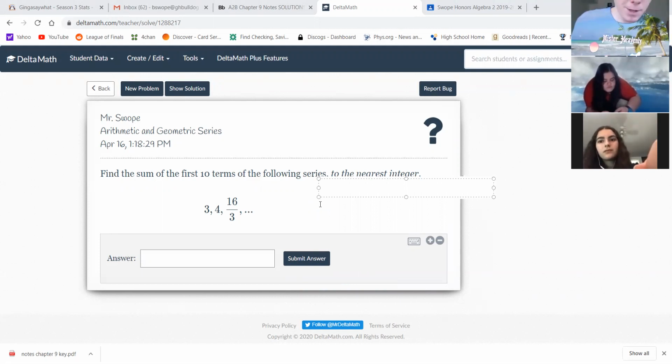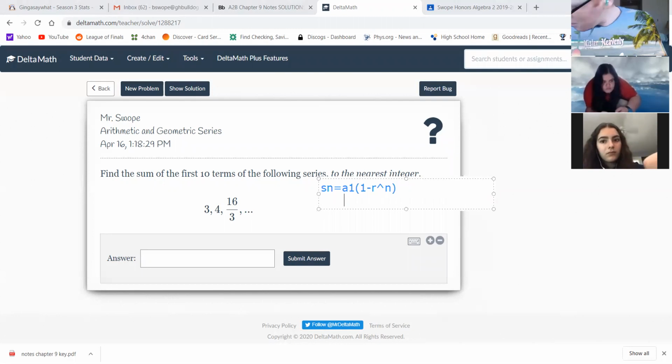Our formula for geometric is S of n equals a1 times 1 minus r to the nth power, divided by 1 minus r. We want to use this one because we don't know our an, like in the second formula, so you have to use this one.